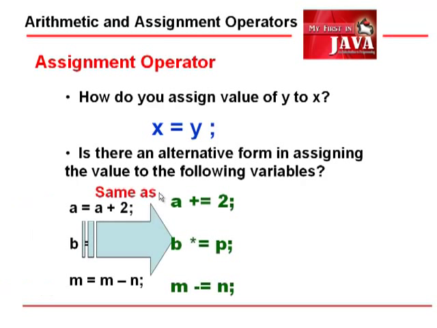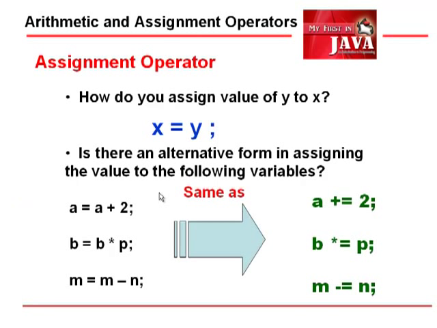Of course, yes. The given expressions are also equivalent to the right side of what you are seeing right now. It is a form of shortcut. We eliminate the redundancy of writing the A, B, and M, and we just assign it with the operator, then the equal operator.